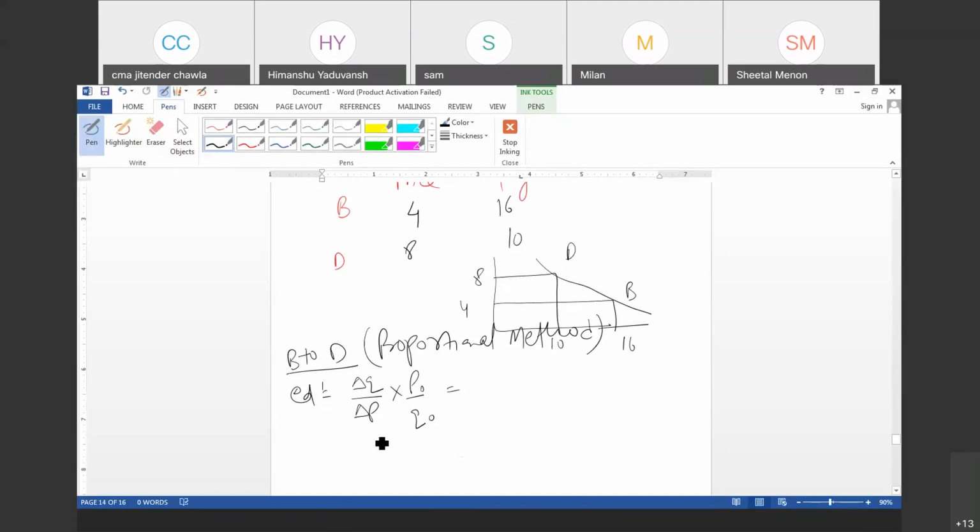From B to D, the change in quantity is 6 with a minus sign. Change in price is 4 with a positive sign. Initial price is 8 rupees and initial quantity is 10. The answer is minus 0.375. Am I right?